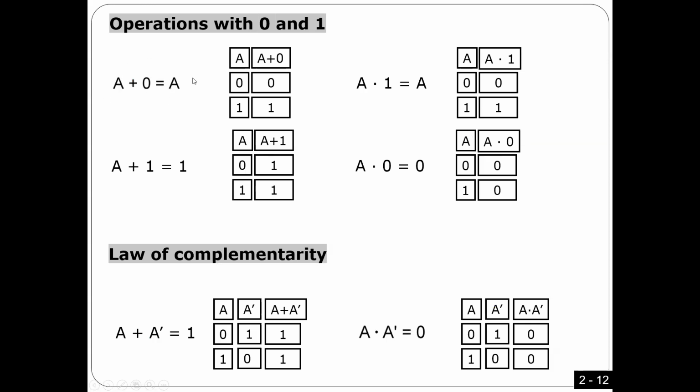A OR 0 is A. So if you have an OR here, and then you have 0 here, and here you have something we call A, I am going to get A here. In the truth table, this is A, I put all possible cases for A, and this is A OR 0. If you look at the two columns, I can see the two columns are the same. That means they are equal.